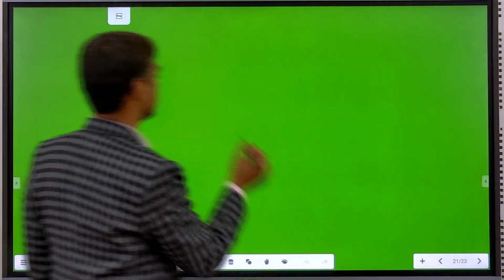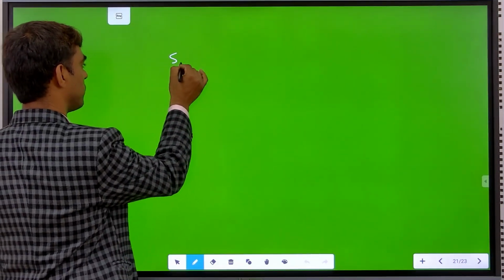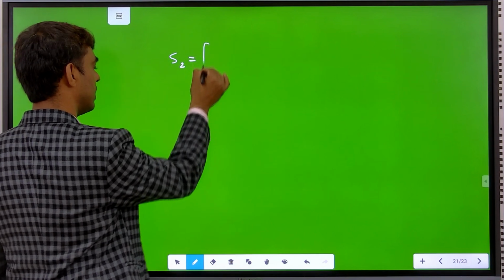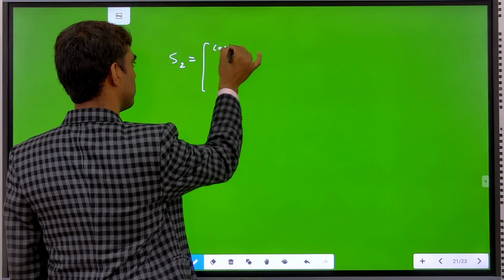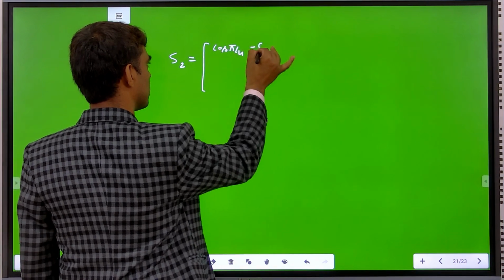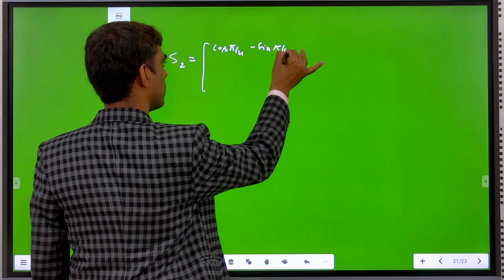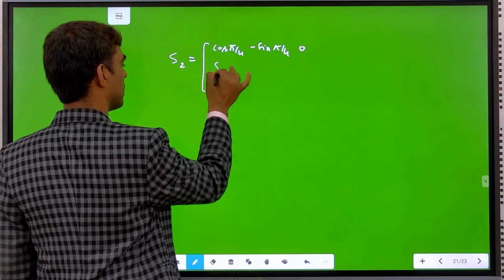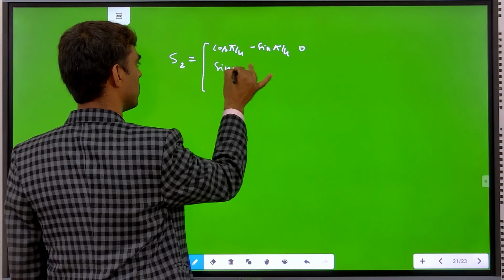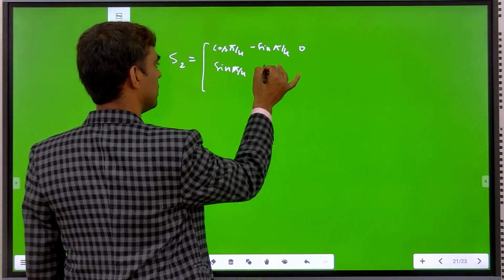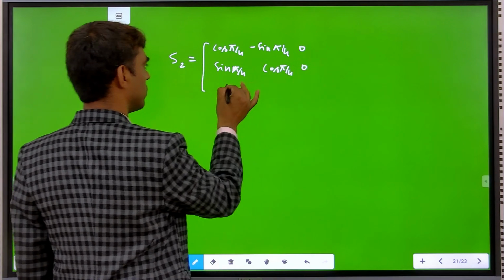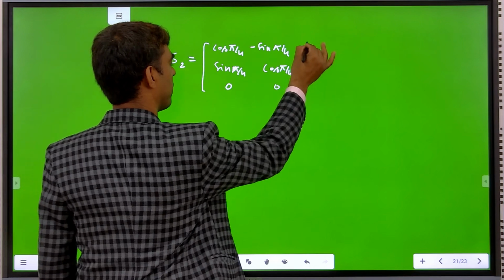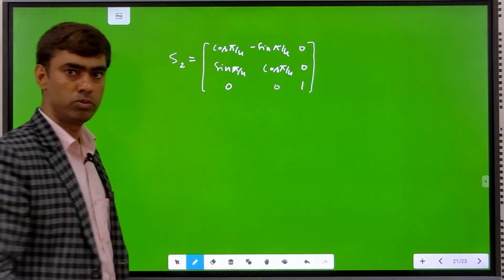S2 becomes cos pi by 4, minus sin pi by 4, 0; sin pi by 4, cos pi by 4, 0; and 0 0 1.